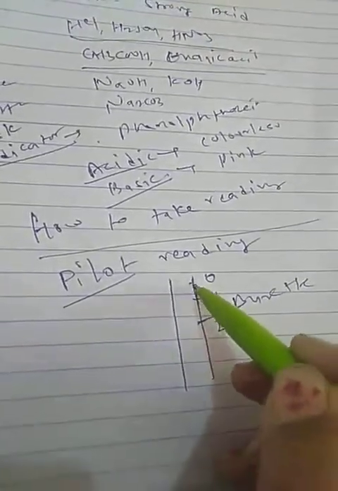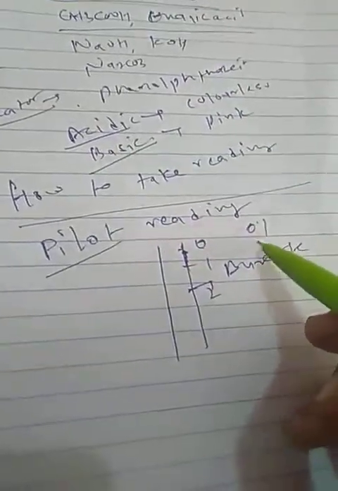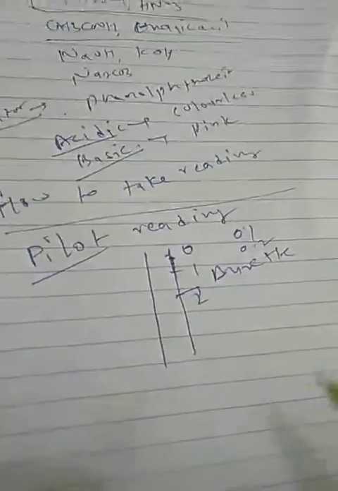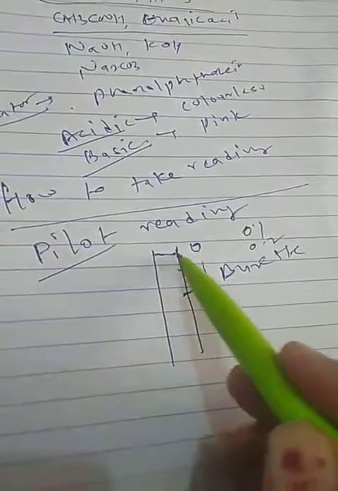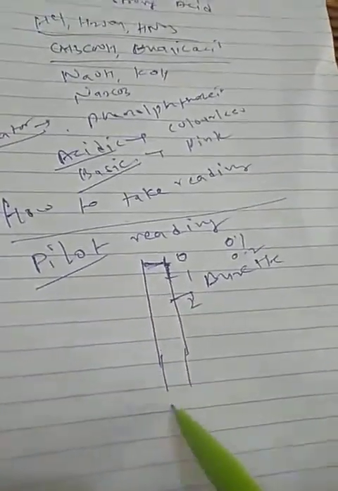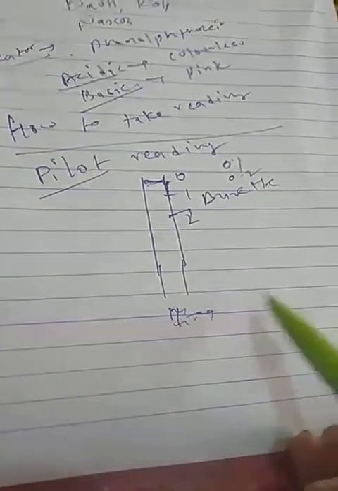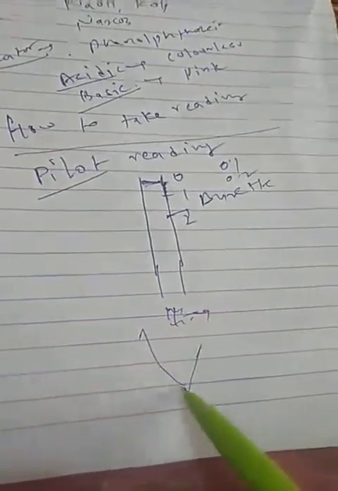From 0 to 1 also 10 points are there. So the burette is filled, you can see 0.1, 0.2, like that. Up to 0 you have to fill the solution. Here was the pinch cock, from there you can control, means stop and start.